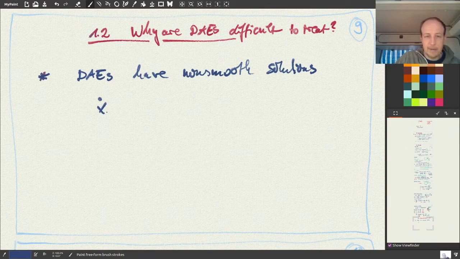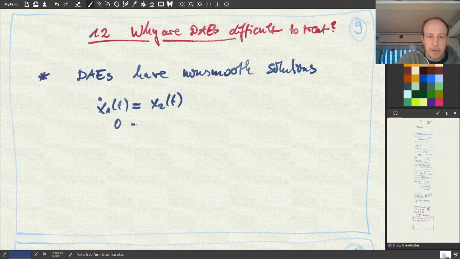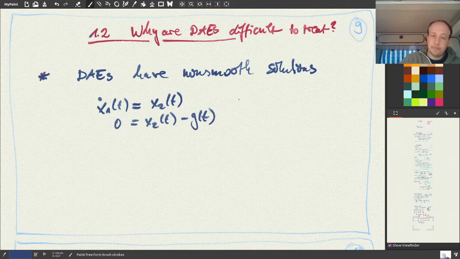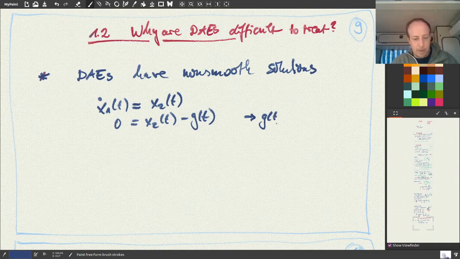Have a look at this example. x1 of t, x2 of t, and 0 is x2 of t minus g of t.